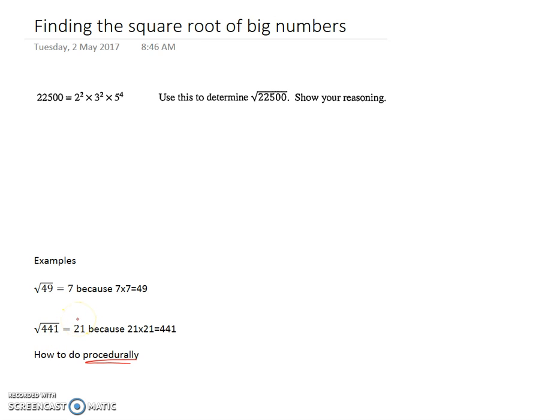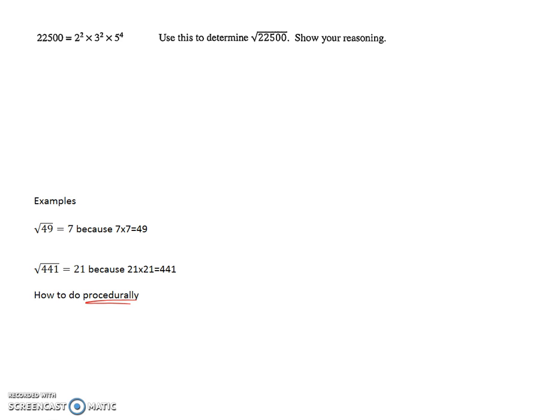So, you might be able to see that it should be higher than 20 because 20 times 20 is 400.